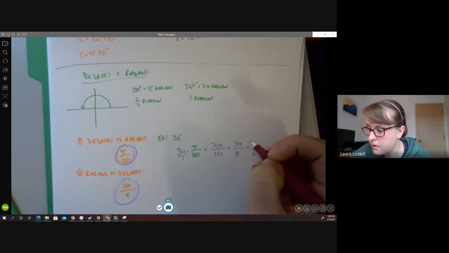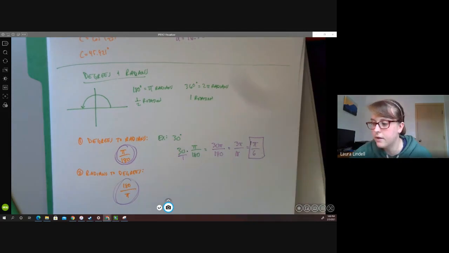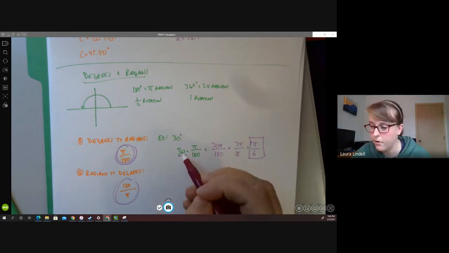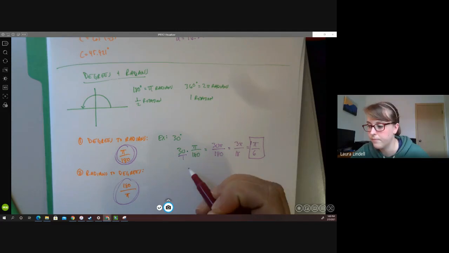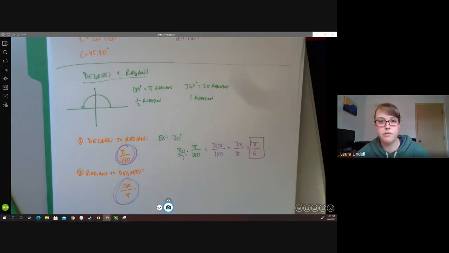So this would be our simplified answer in radians. So again, all we did there was we set up 30 times pi over 180. And then we simplified what we got. Any questions with that first one? Any numbers we don't know where they came from?